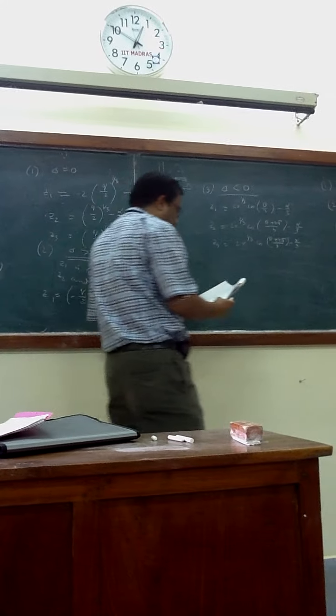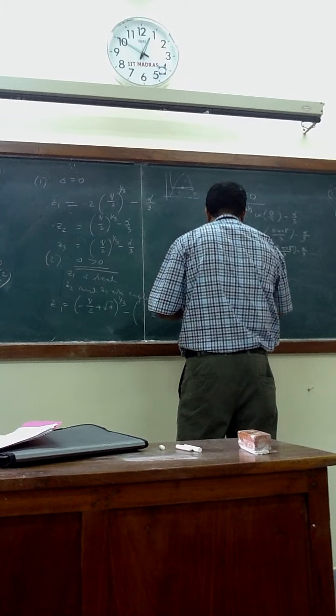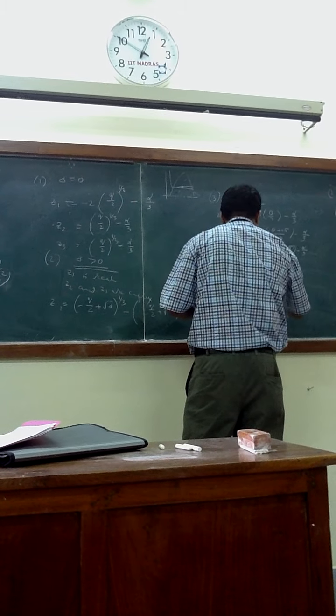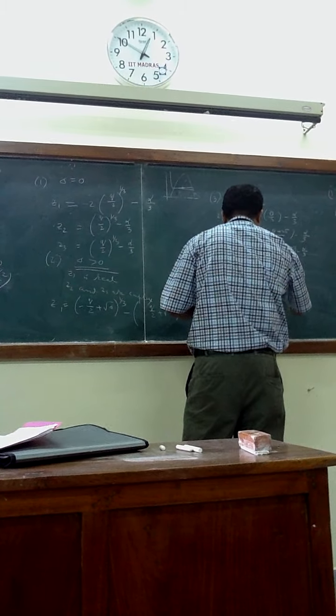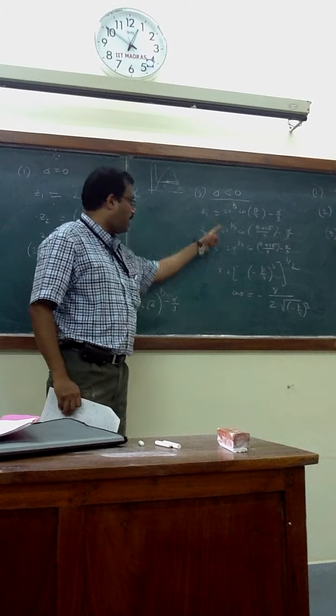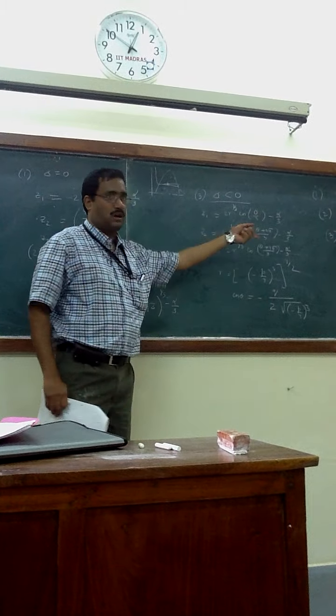R and theta I have to give. R is (minus p by 3) whole cube, whole to the power half, and cos theta is given, which is minus q by 2 divided by the square root of (minus p by 3) whole cube. So delta less than 0 will give three different roots Z1, Z2, Z3, and R is given by this. Cos theta, alpha and the other things are known.